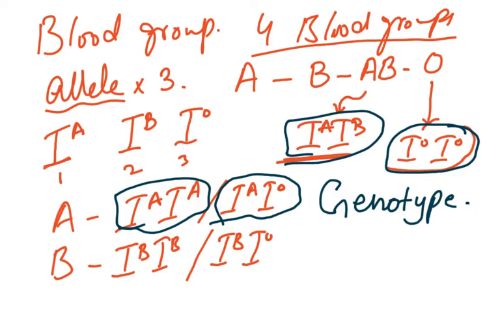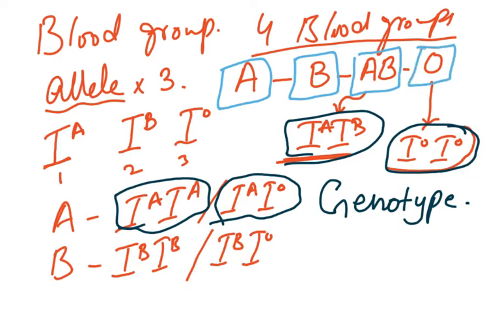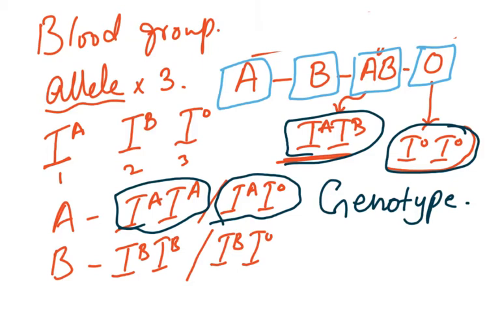But if we give it names, like the person has blood group A or the person has blood group B, now these are things we can actually test, we can do a blood test and find out. So blood group A or blood group B will be called a phenotype.